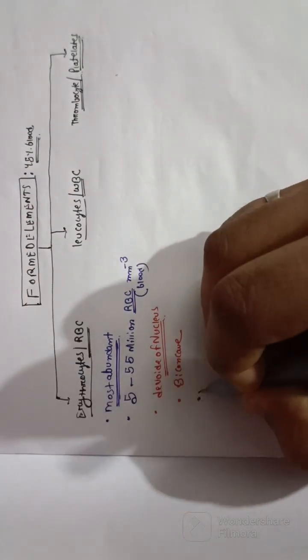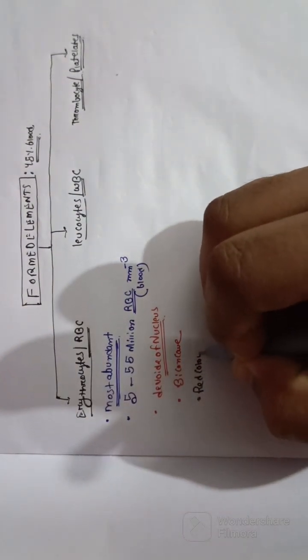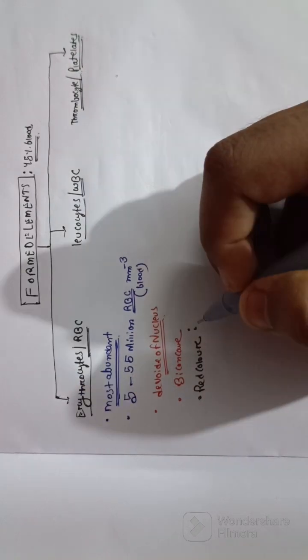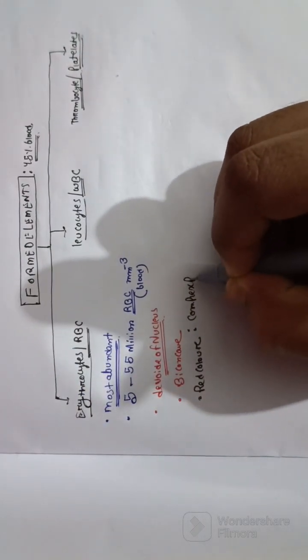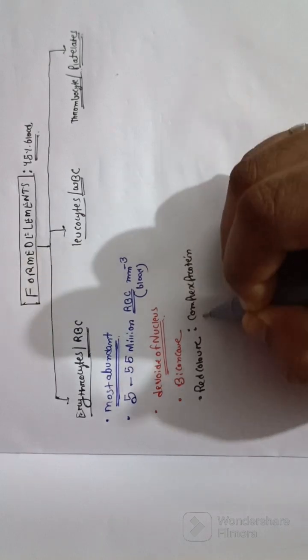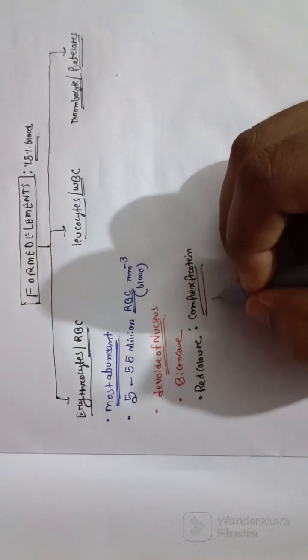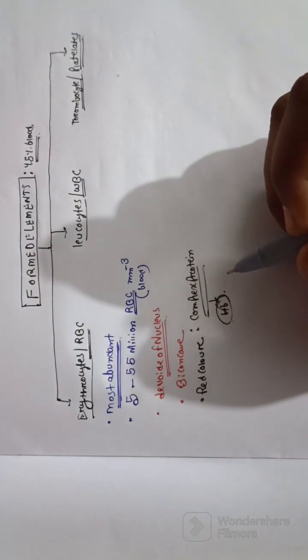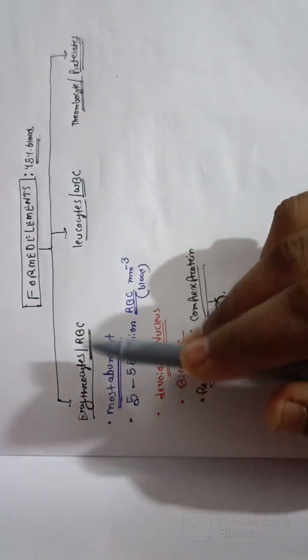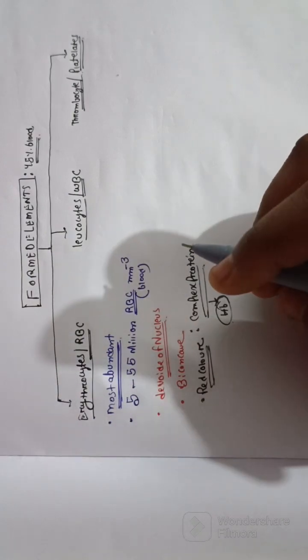The red color is due to the presence of a complex protein known as hemoglobin. Hemoglobin is a complex protein which gives a red color to the erythrocytes or RBCs.